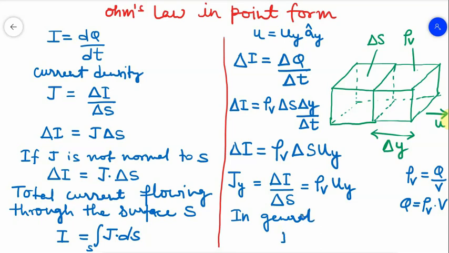J can be represented as J equals rho v, that is volume charge density, multiplied by the velocity u. Okay, so in this way we can represent J. Put it as equation 1.